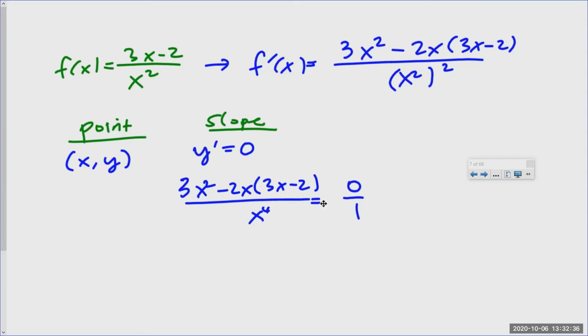All of those will work, okay? I have one fraction on the left, one fraction on the right, an equal sign in the middle. That gives me permission to cross multiply. Anything times 1 is itself, okay? So I'm going to go ahead and copy this, although I'm going to go ahead and distribute this. So this is going to be 3 minus 6x squared plus 4x is equal to x to the fourth times 0 is 0.